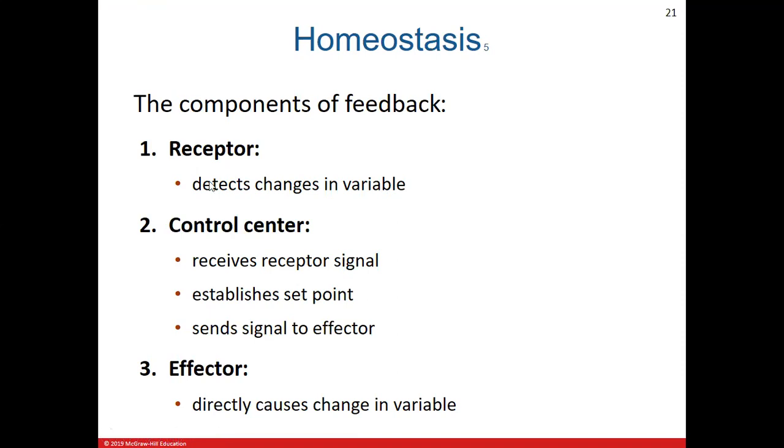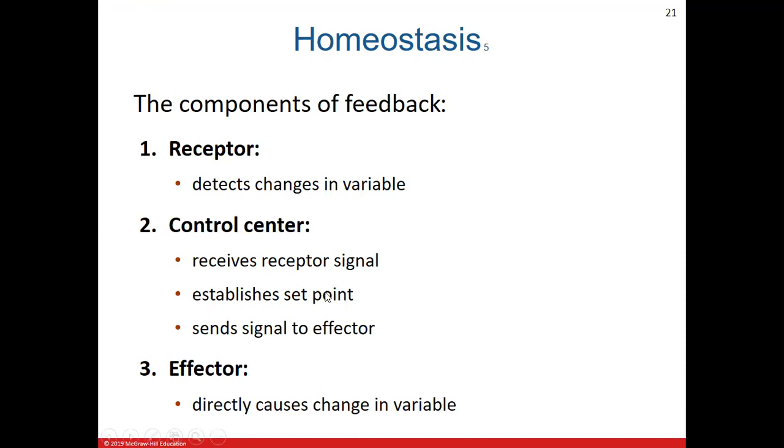Well, you have to have a receptor to be able to determine what that change is. And so again, your brain can detect whether or not your body temperature is changing. Then you have some kind of control center, and that's usually your nervous system or your brain as well, and that receives some information, and that's what also establishes the set point.